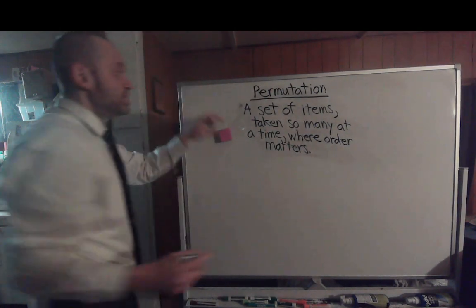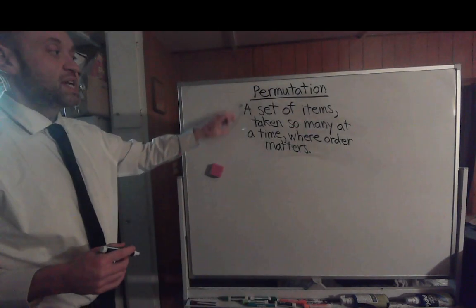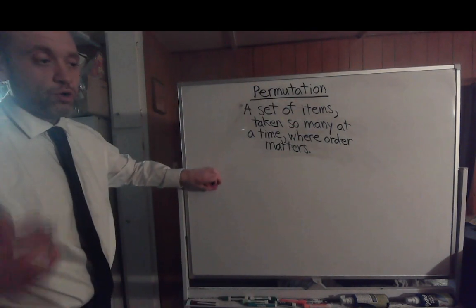So a permutation is a set of items taken so many at a time where order matters.